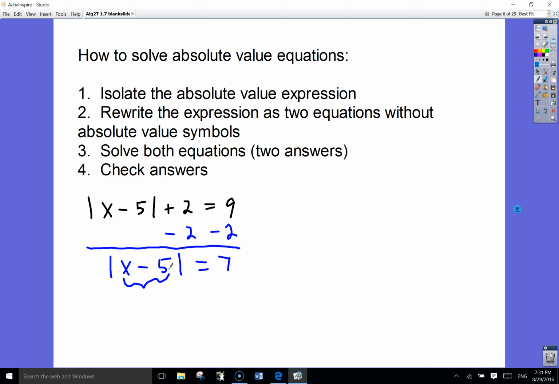What are the absolute value symbols doing to x minus 5 if it's already positive? As we saw on the last slide, the answer is nothing. So one of the equations we're going to use here is x minus 5 equals 7.